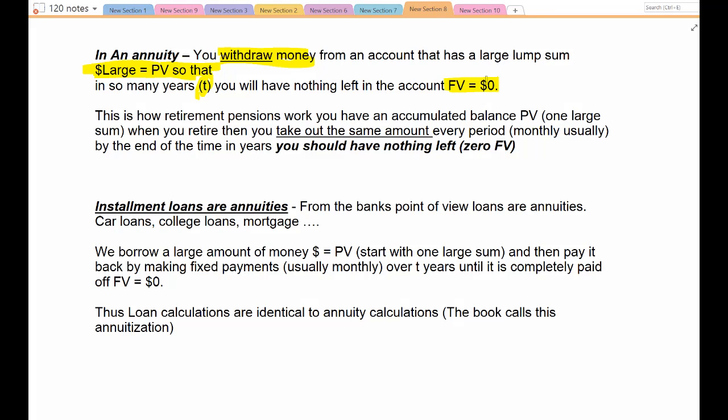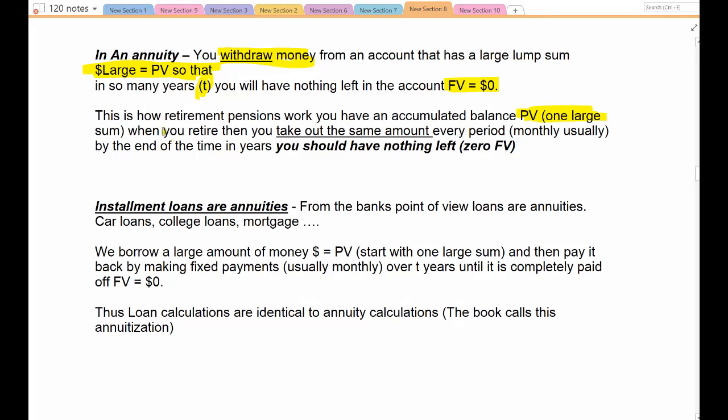This is how retirements work. You save up, using your accumulation function, to a large amount that, once you retire, sits in your 401k, your IRA, or whatever it is you've retired into, still in the same investment. Once you hit the retirement years and you're allowed to withdraw, you live off of that.